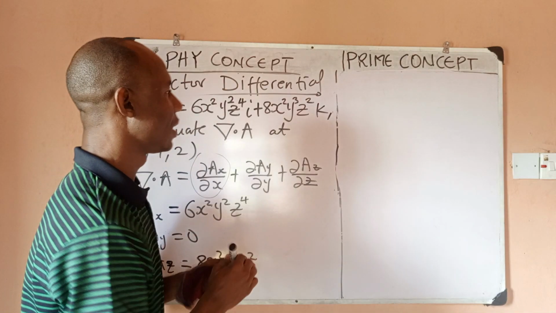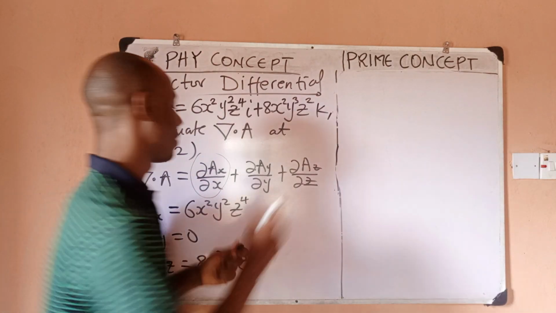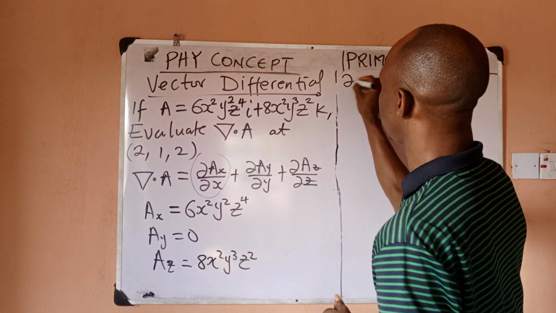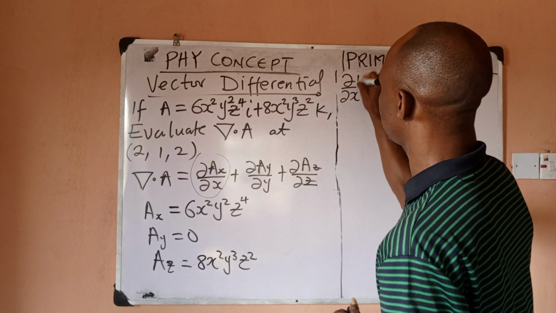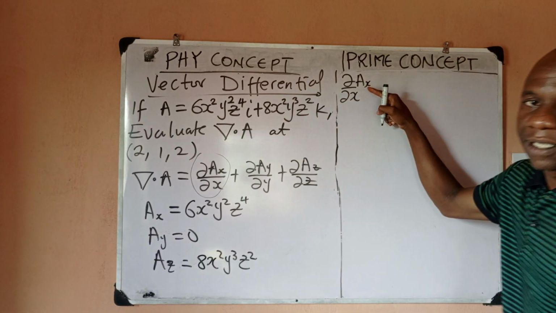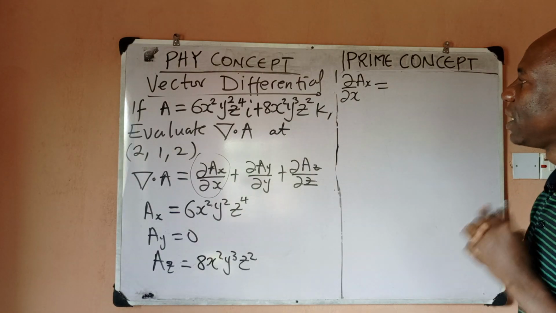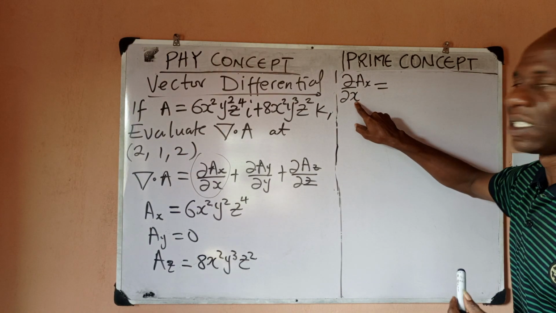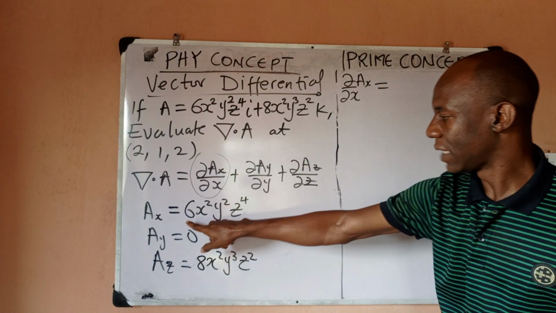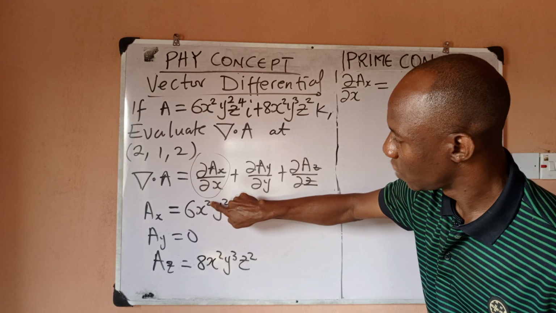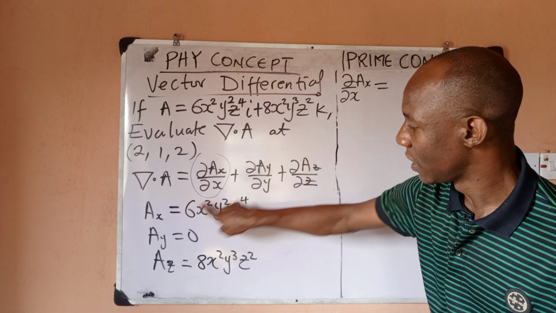So very quickly, we're going to solve these things one after the other. We're going to find the partial derivative of Ax with respect to x. Remember, this is a partial derivative, meaning that we are only interested in x. So looking at this, I will just say 2, which is the power of x, times 6.